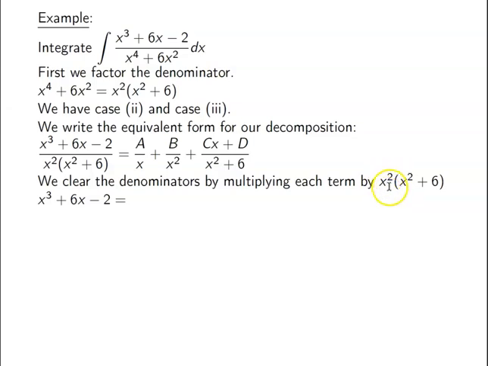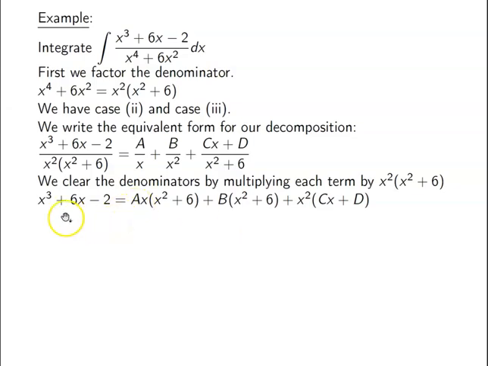So what I'm left with is an x times an x squared plus 6. Okay. On the b term, this entire x squared term cancels, and I'm left with this x squared plus 6. And when I multiply this on the last term, the x squared term stays, but the x squared plus 6 goes away. Okay.